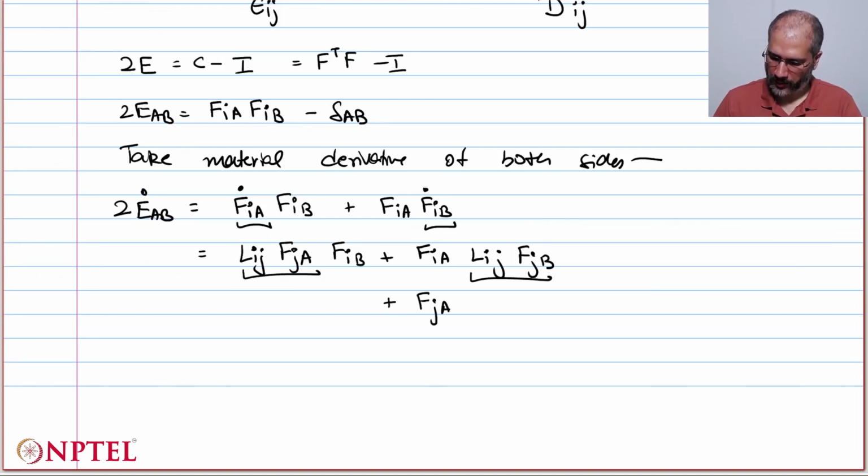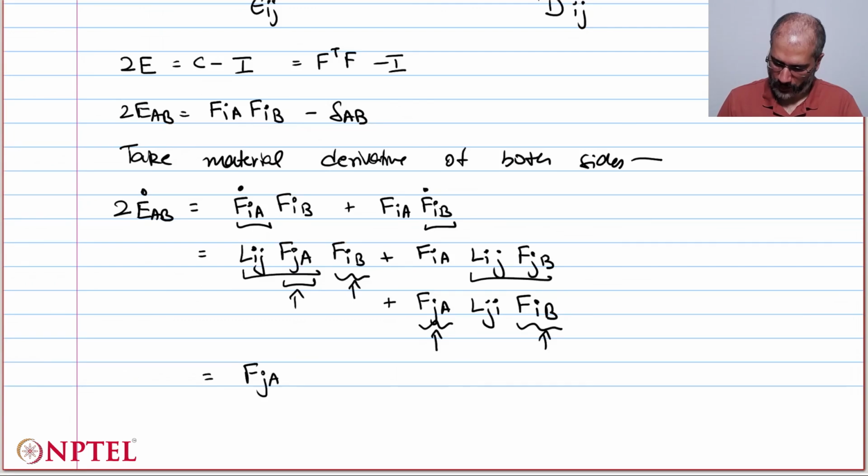I swap the indices i and j in the second term. This becomes FjA, this becomes Lji, and this becomes FiB. Now you can see that the index of FiB is the same, and the index of FjA is also the same. So this becomes FjA times FiB times Lij plus Lji, and this is twice EAB dot.